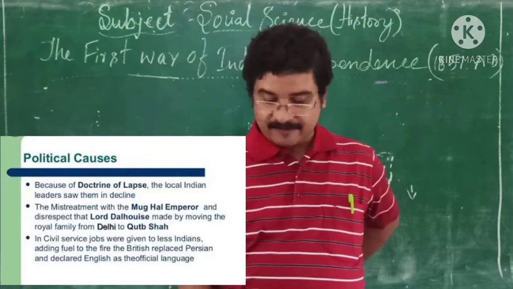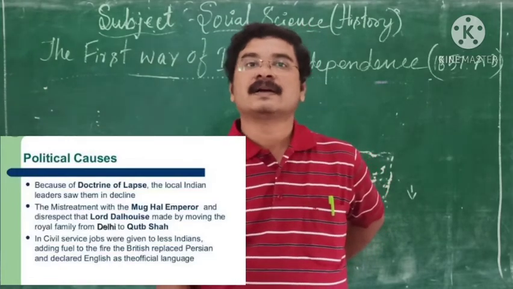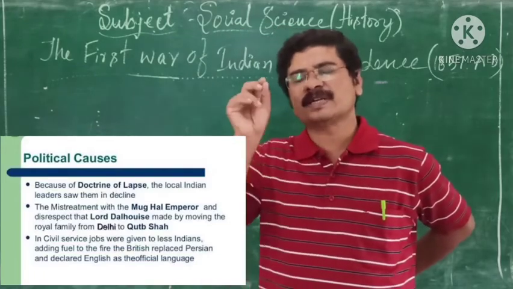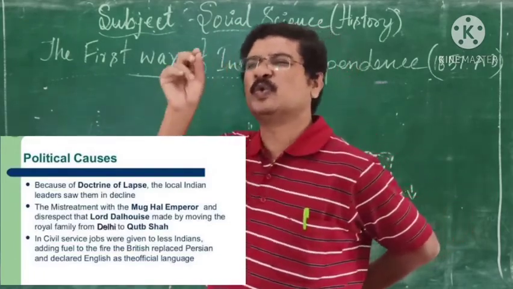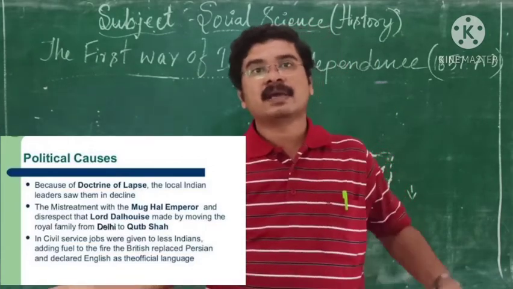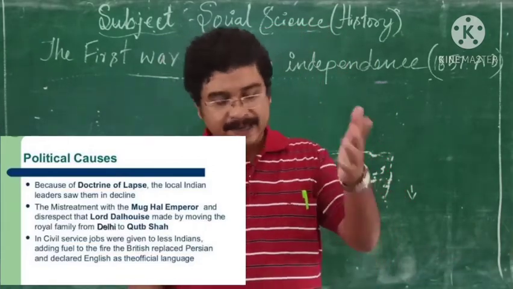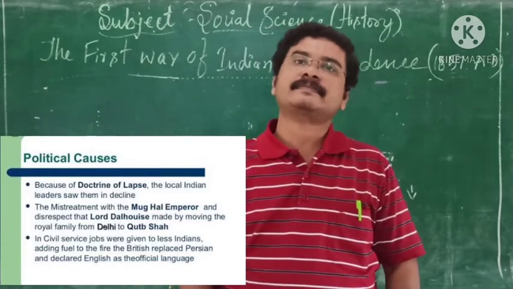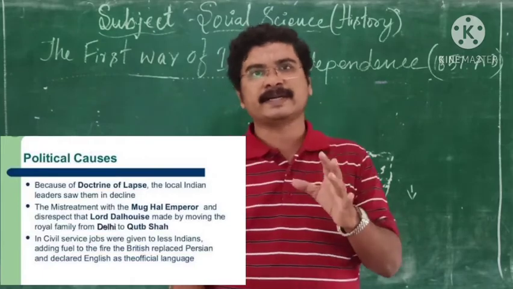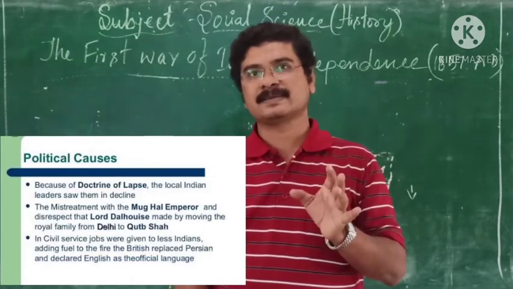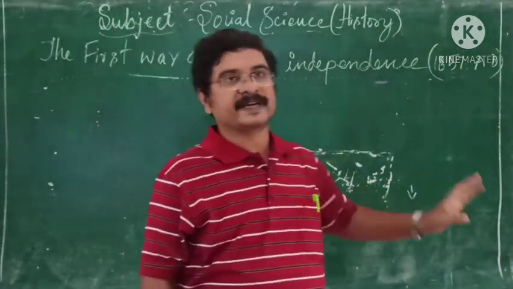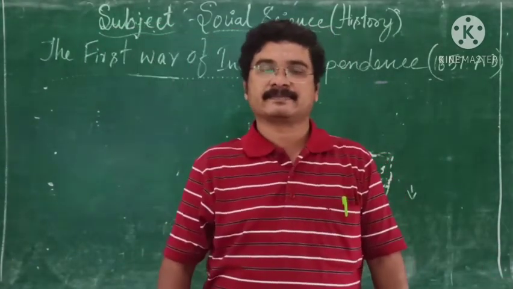Then the fourth cause is that consequently thousands of soldiers who were dependent on these kings became unemployed. These are the four important political causes to start the first war of Indian independence.